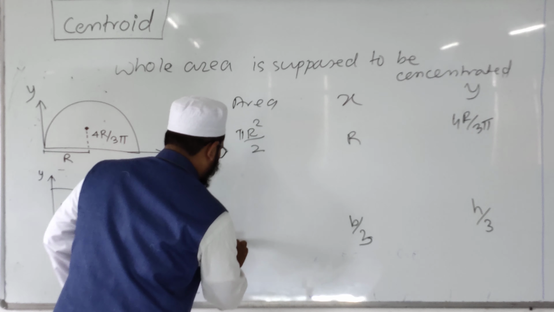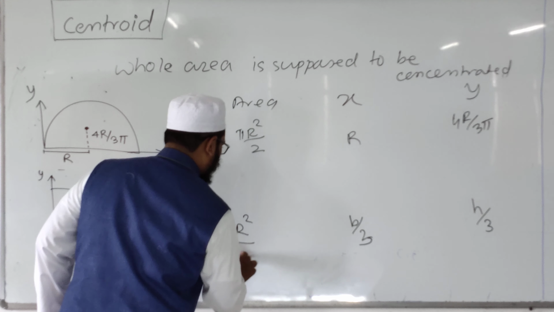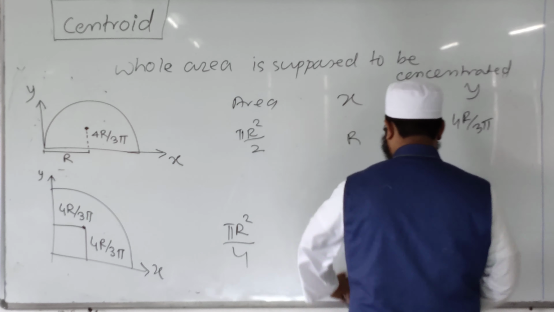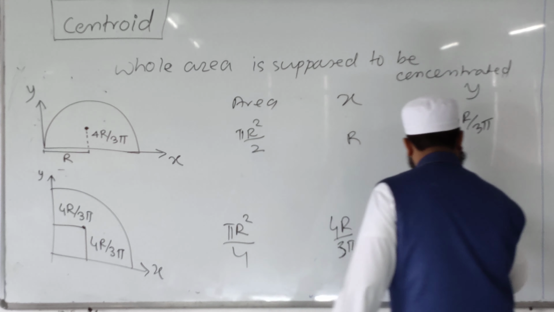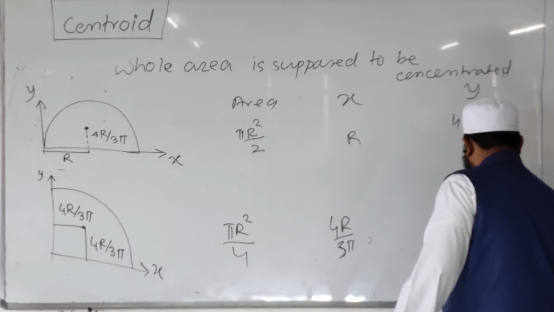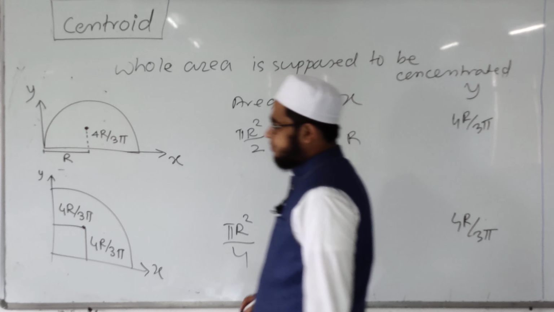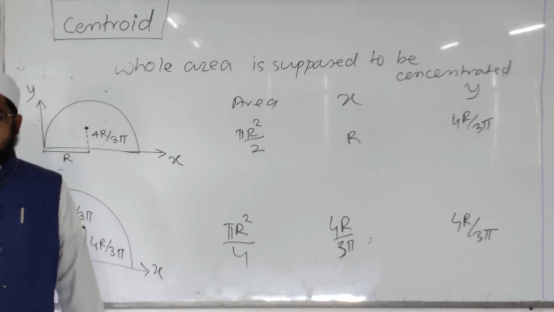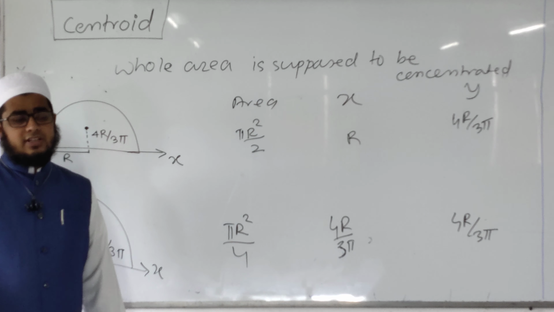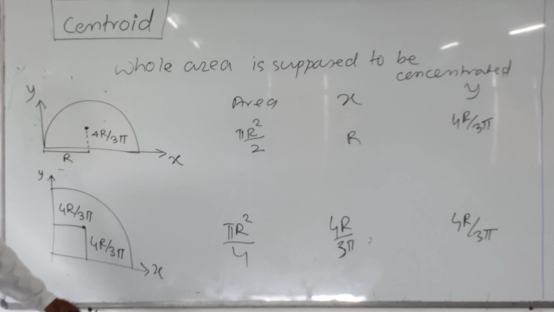The area is given by pi r square by 4, and x and y are given by 4r by 3 pi, and here also 4r by 3 pi. These are the standard figures and the centroid from reference axis we have to use.